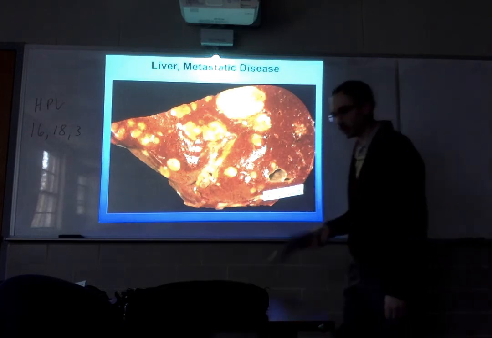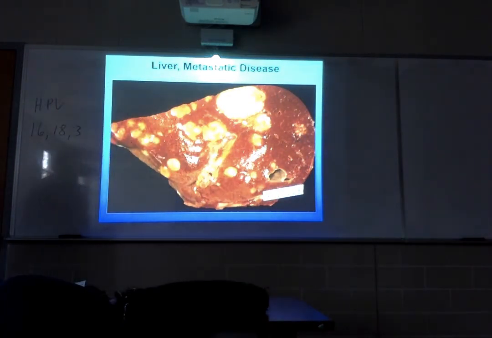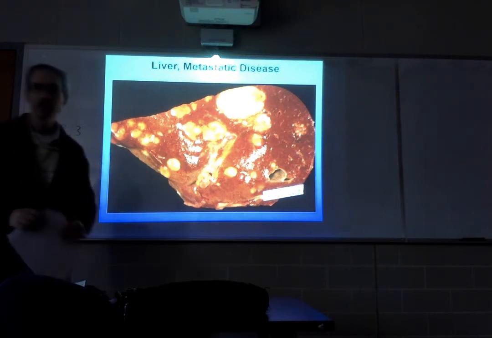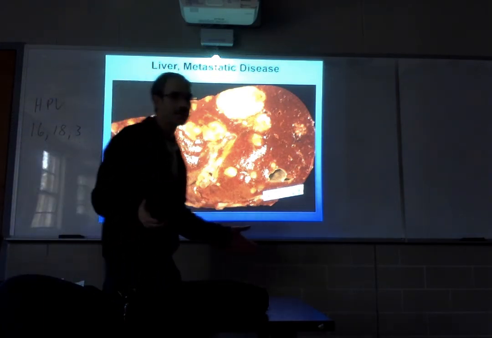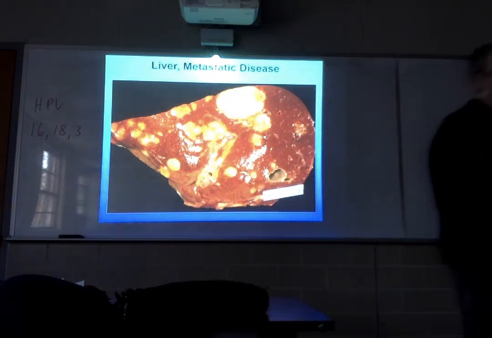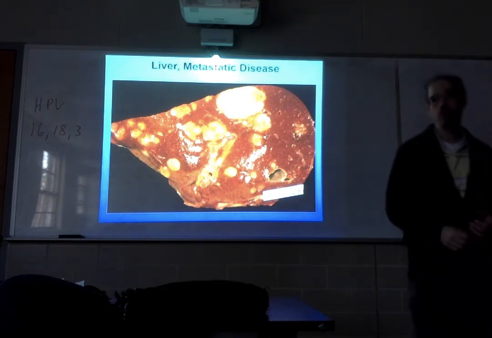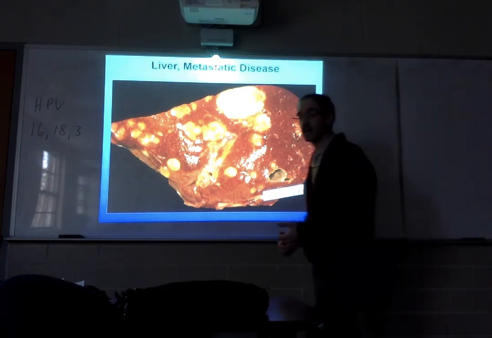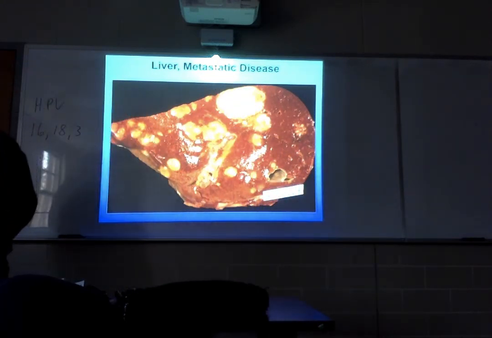So anything that comes from mesenchyme is a sarcoma. Anything that comes from those other three germ cell layers is a carcinoma. Carcinomas tend to like to metastasize via the lymphatic system. So if you had to guess how a carcinoma metastasizes, you'd say lymphatic system. There's a propensity for it to invade the lymphatic system. Sarcomas, in contrast, tend to metastatically disseminate via the hematogenous route. They tend to invade blood vessels.